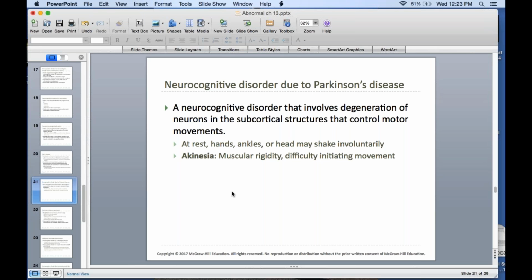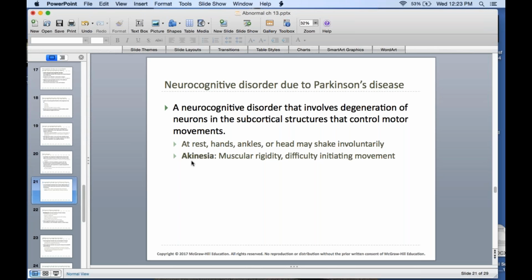I talked about how if you have too much medication for schizophrenia, you start to have Parkinsonian-like symptoms. If you have Parkinson's disease and you are put on too much medication for that, you start to have schizophrenia-like symptoms.